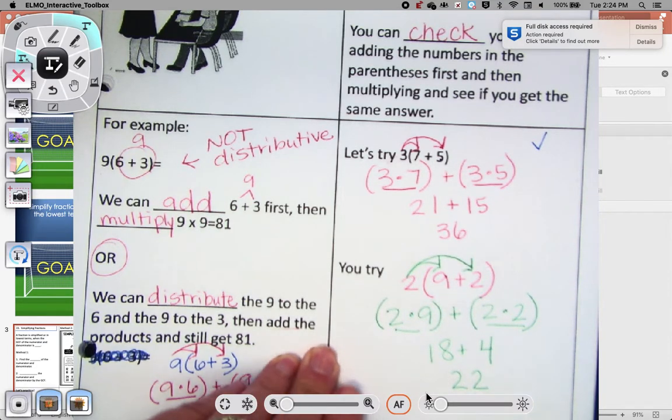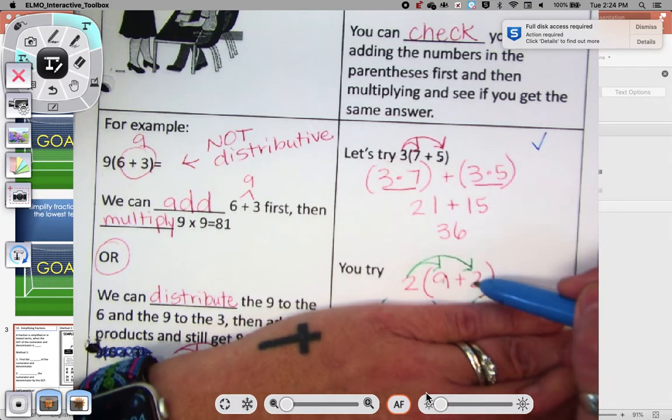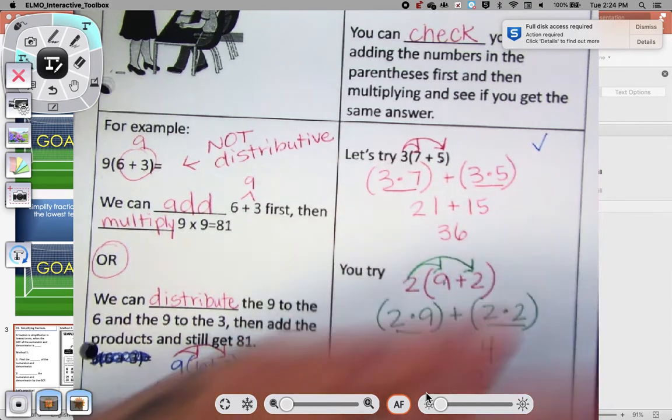And then we can check by covering our work, adding what's in parentheses. 9 and 2 is 11. 11 times 2 is 22.